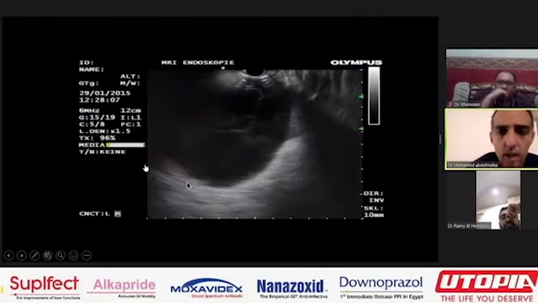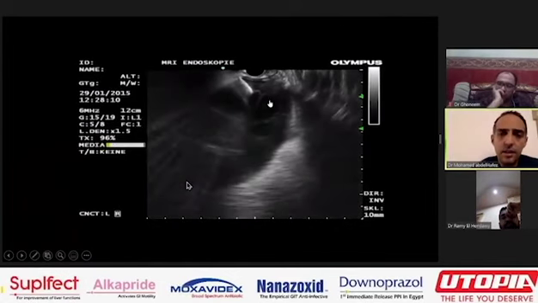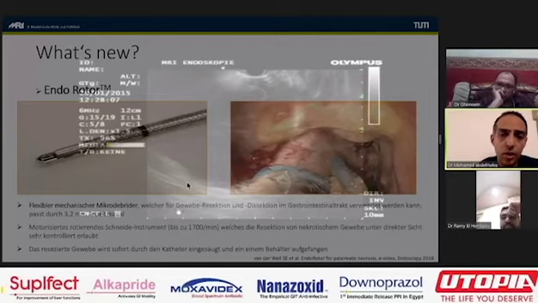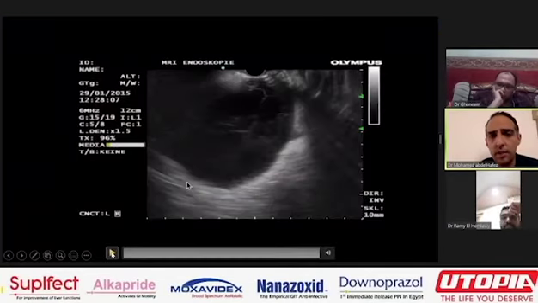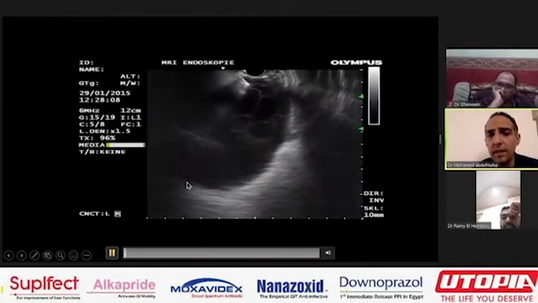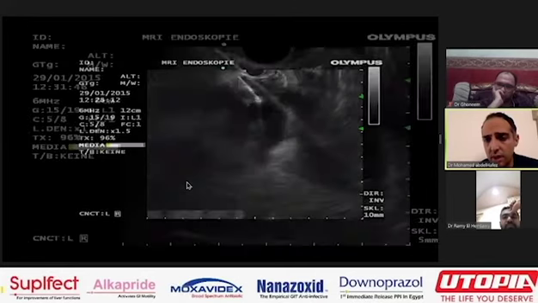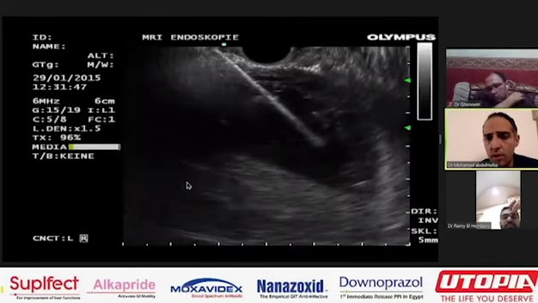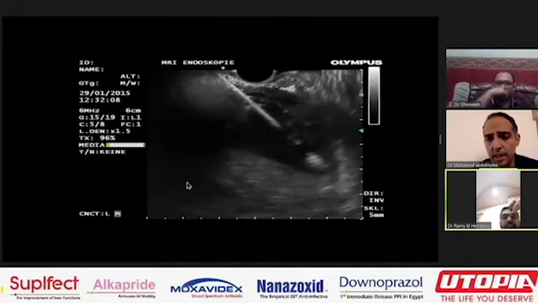Here's a real example. This here is a fluid collection, retroperitoneal from the stomach. We see it with endosonography. Now we are coming inside. We are giving cutting with electricity to come inside. Now we will deploy the inner part of the stent. So it is like a dumbbell-shaped stent.